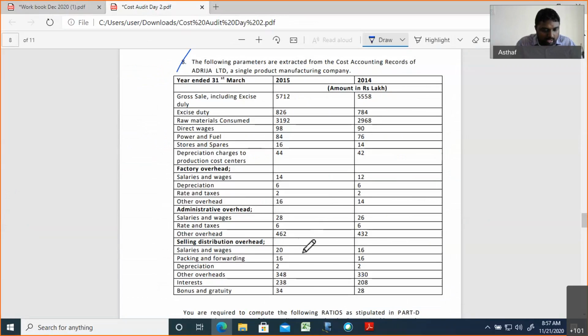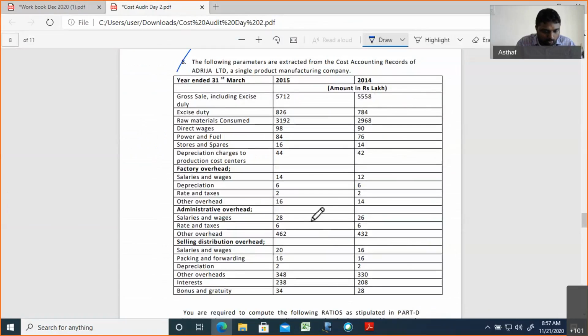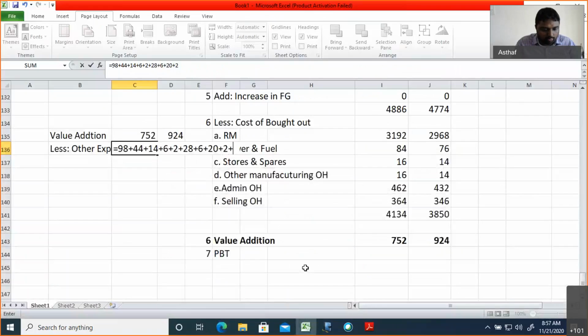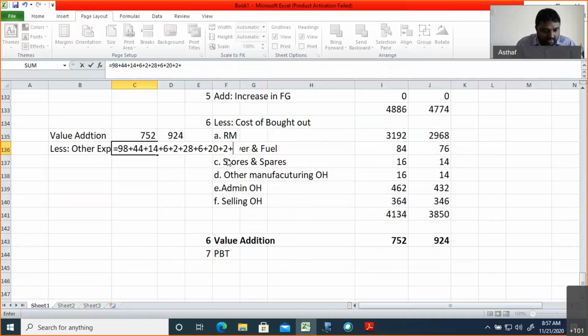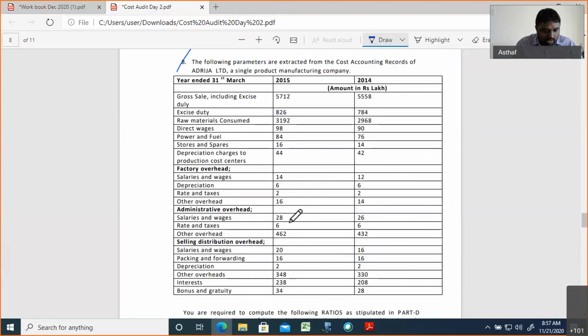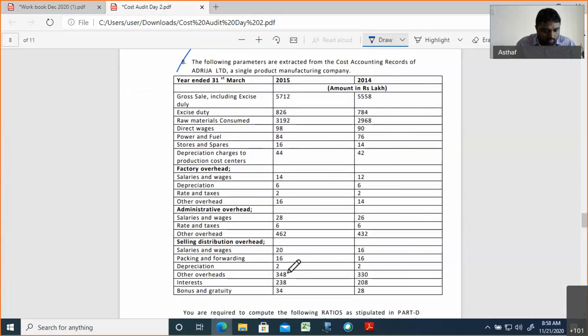Then salaries again 20. Depreciation 2. After the depreciation, look here. We have taken 28, 6, then 22. Okay. So right now we are at 22.